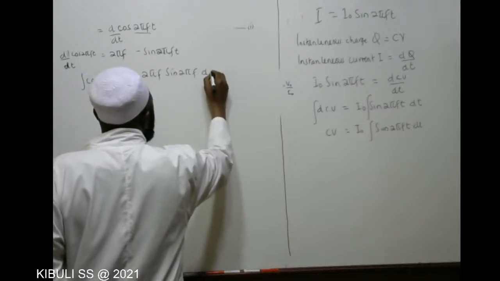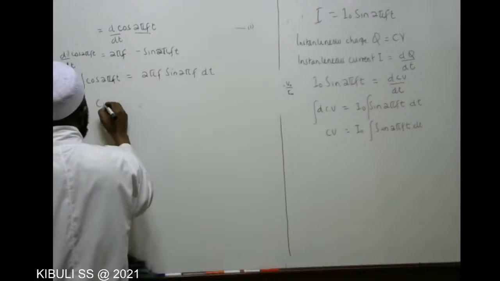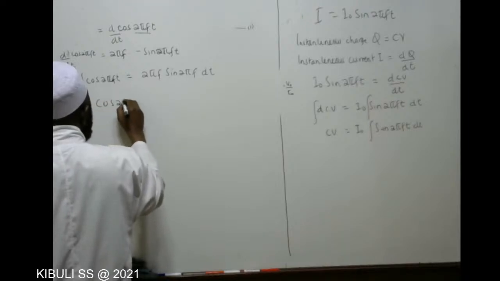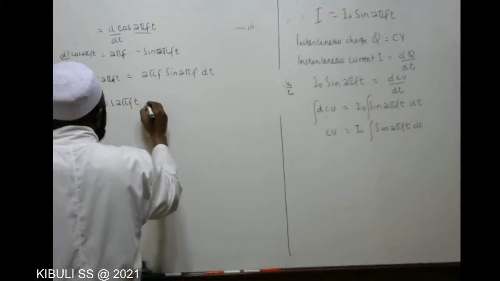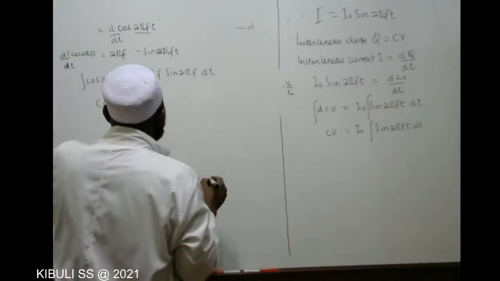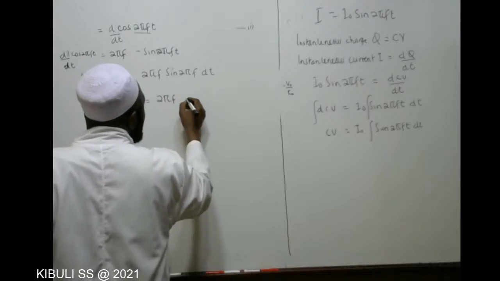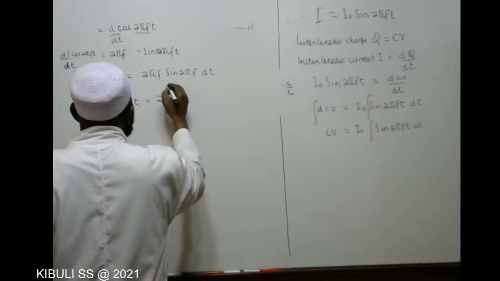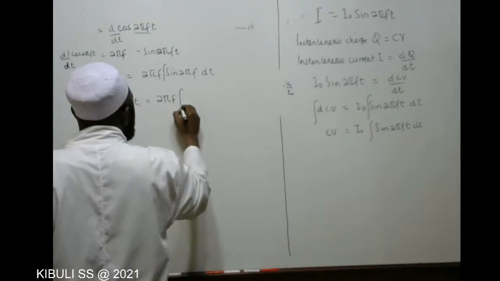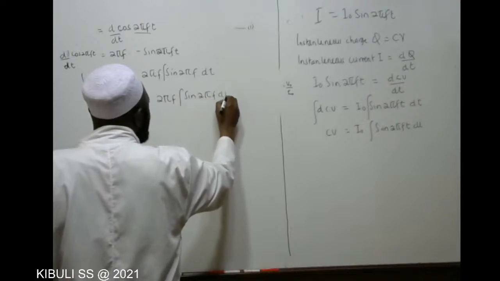We cross multiply that one there. So when you integrate this one, you get a cos of 2 pi ft, and then this is now going to be equal to 2 pi f, the integral of sine 2 pi ft dt.